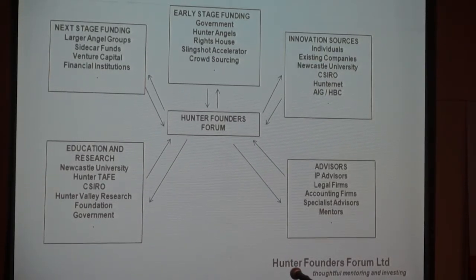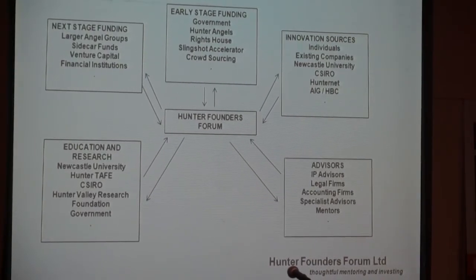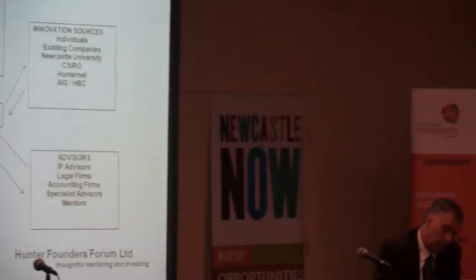And pulling all these together in the right way at the right time might allow you to actually commercialise a couple of good ideas. If you look back in 2006, we were particularly weak in the early stage funding area. And so that means a lot of ideas never commercially got off the ground.